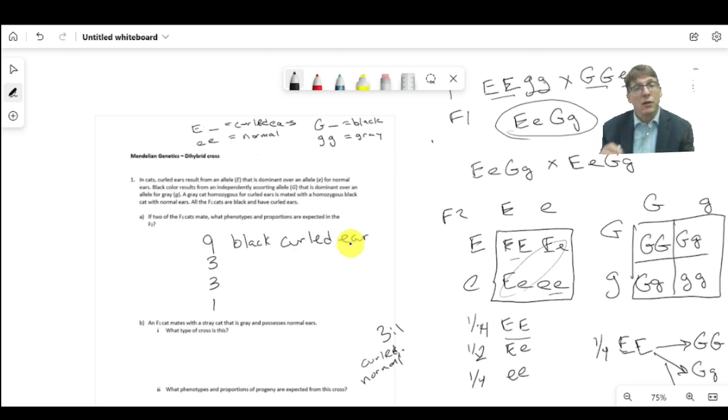Then we'd have 3, 3, 1, where 3 is a dominant recessive. The next 3 is recessive dominant, and the last one is recessive recessive. And so in this case, if we did dominant and recessive, we would have a gray cat that has curled ears, gray being recessive.